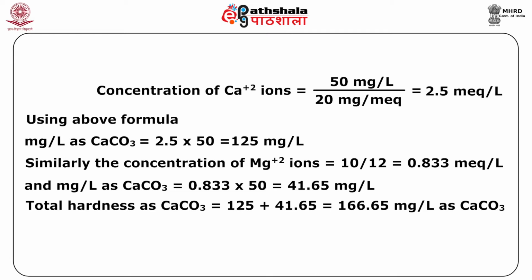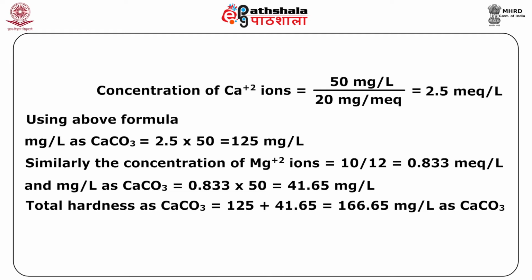Now, using the formula that we have discussed, milligrams per liter as calcium carbonate will be then calculated as 2.5, which is this value, multiplied by 50, that is you get 125 milligrams per liter.